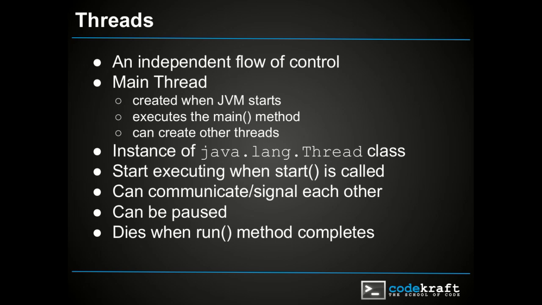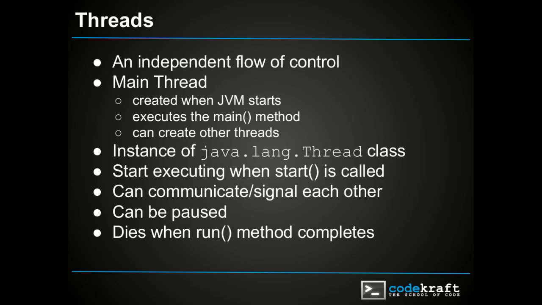All threads in Java are instances of the java.lang.Thread class. A thread starts executing when its start method is called. If you create a thread object and you don't call its start method, the thread won't start, and no code will be executed by that thread, even though you have created that thread object.